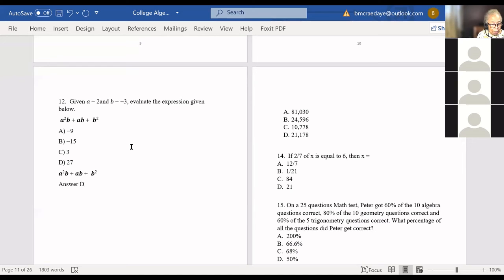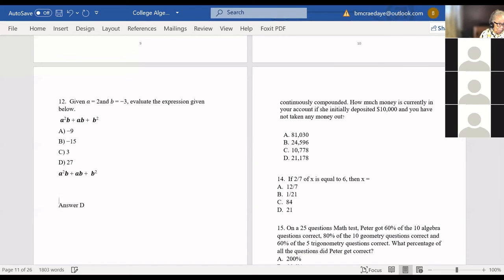Latoya, what did you get? I don't even know. I was doing it, but it's not coming out right. Audrey, what did you get? I haven't done it yet. Okay. All right. Let's just say A equals 2 and B equals -3. A is 2 and B is -3.